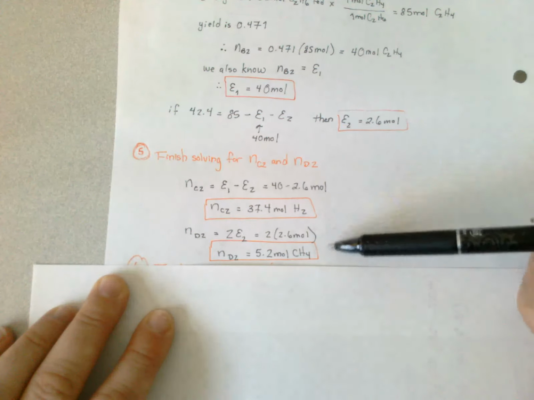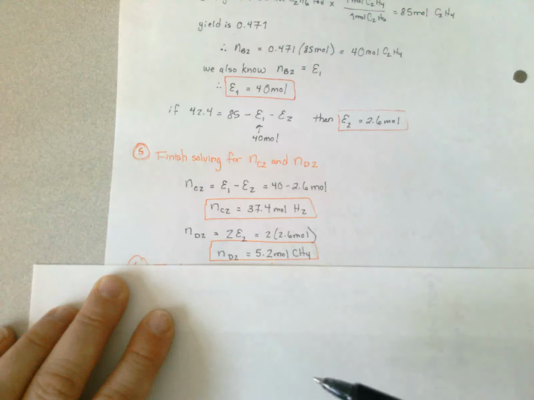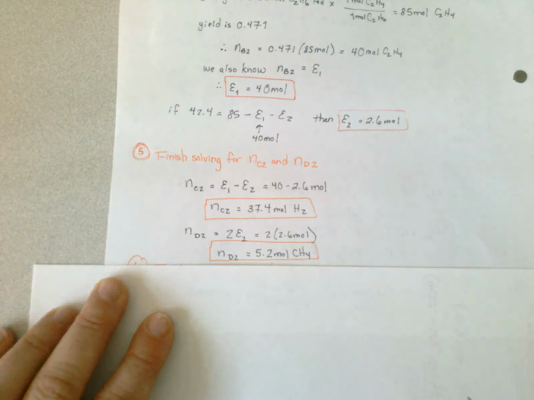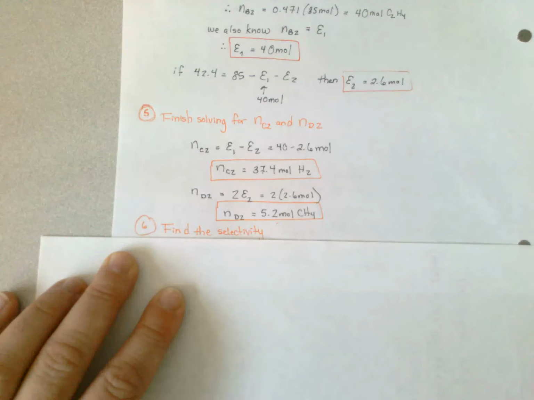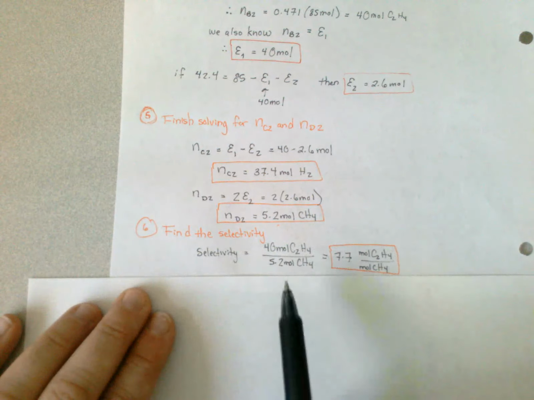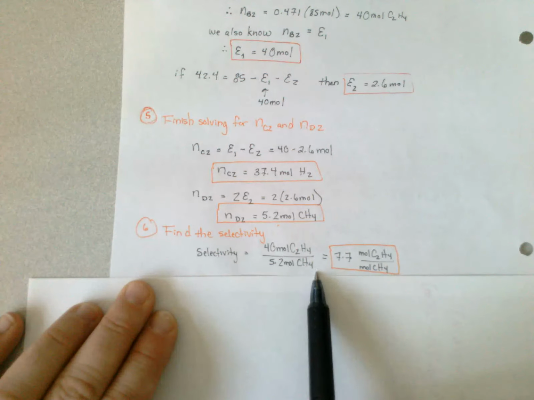So now we've got all of the N values coming out, so we know the molar composition coming out of the system. The last thing the problem is asking for is to find the selectivity. And it's the selectivity of something relative to something. Remember, it has different units for selectivity. So we wanted to find the selectivity of C2H4 with reference to CH4.